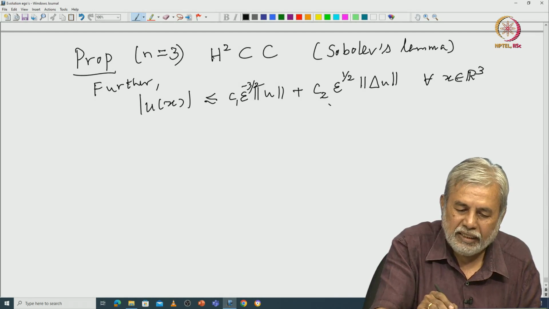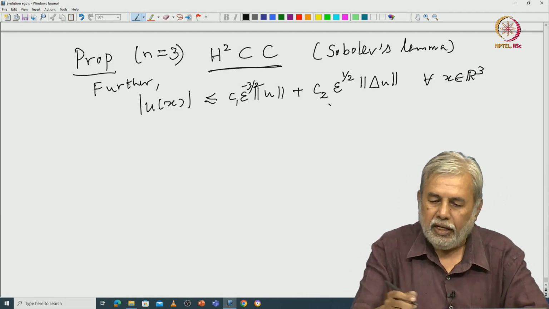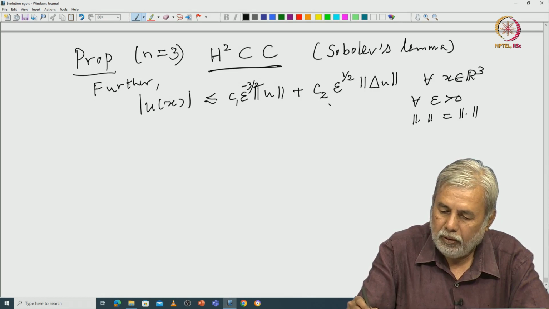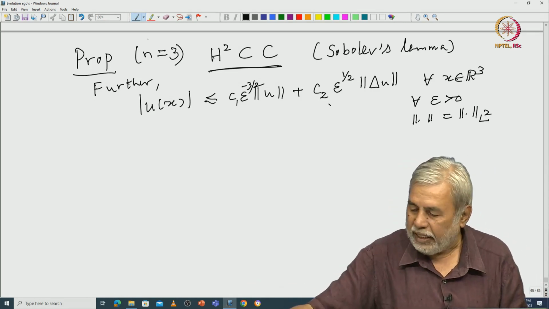So, this boundedness we want to quantify. This is true for all epsilon positive. This is the crucial estimate we need.